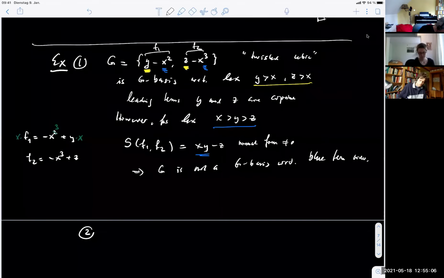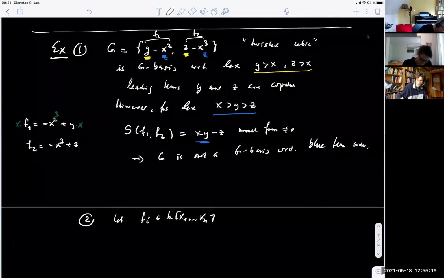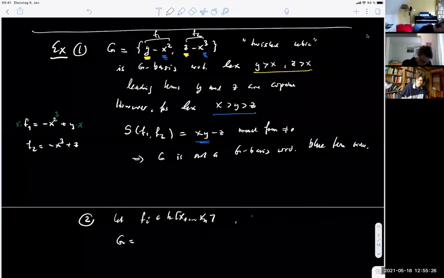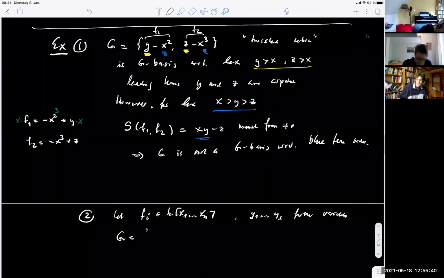Let's say I have polynomials fi in the variables x1 up to xn, and I have additional variables y1 up to ys, further variables, and the following polynomials: y1 minus f1, y2 minus f2, etc., ys minus fs.